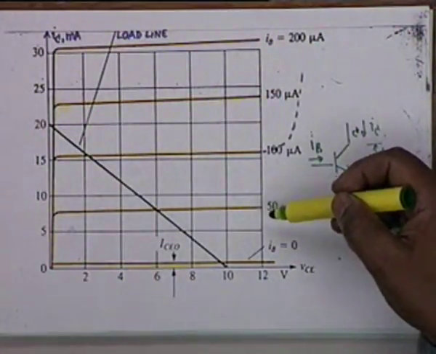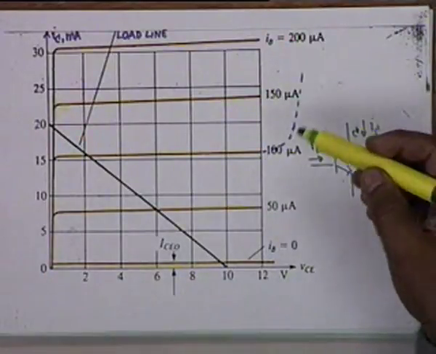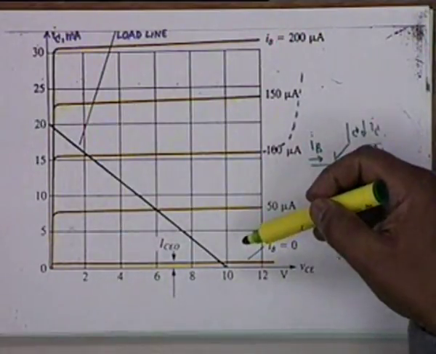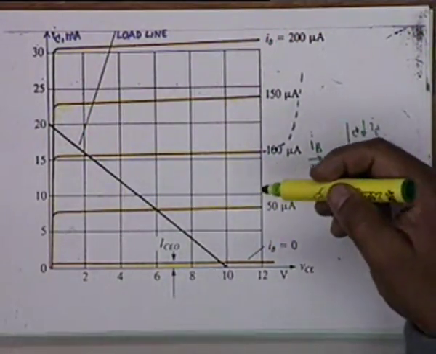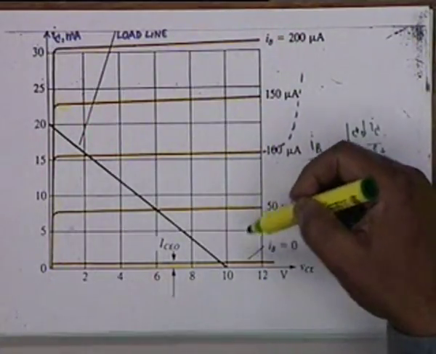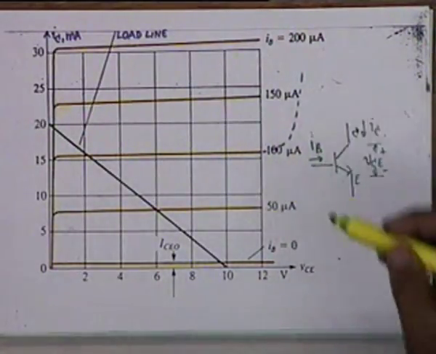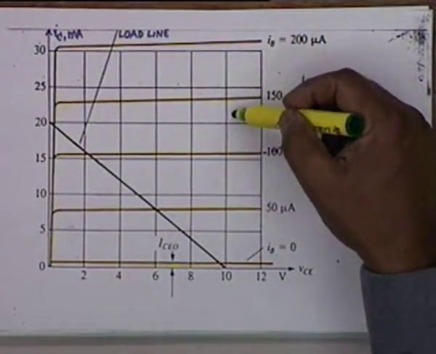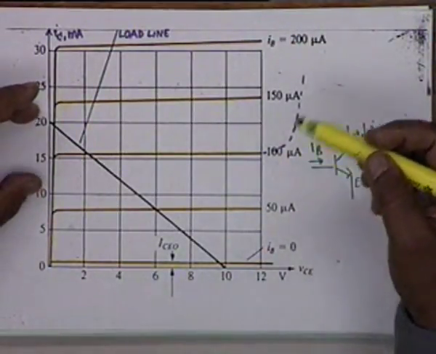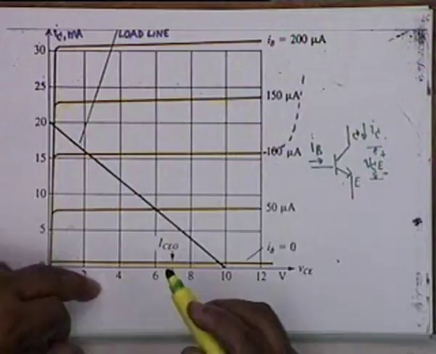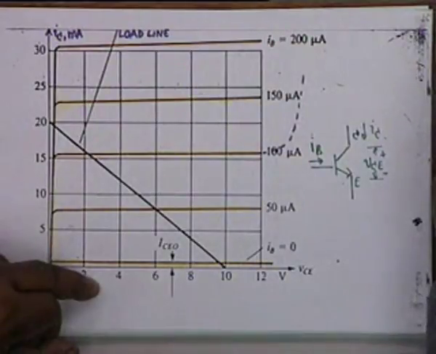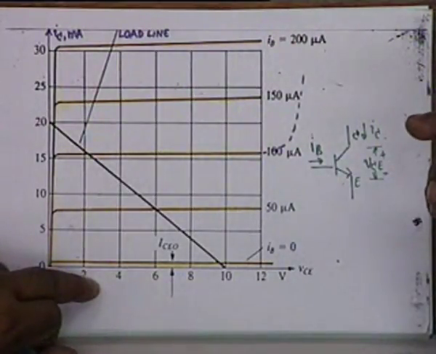As you go on increasing I sub B, the collector current increases, and these are actual characteristics of 2N222 transistor. As you can see, at equal increments of the base current, 50 to 100, 100 to 150, the increment of the collector current is almost the same, which means that these curves are parallel to each other, and it is this parallelism and equal increments for equal base current increment that gives you a linear amplification.